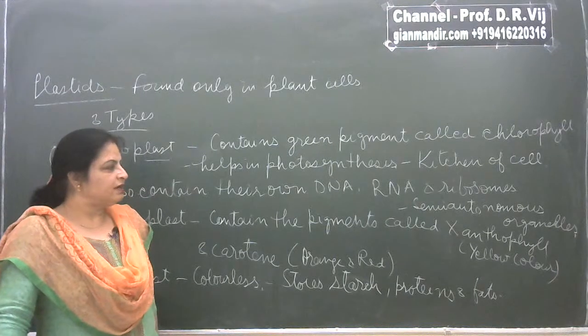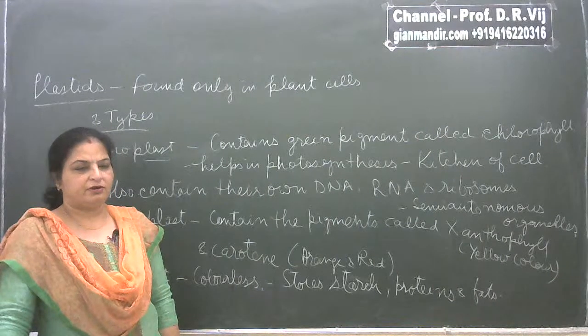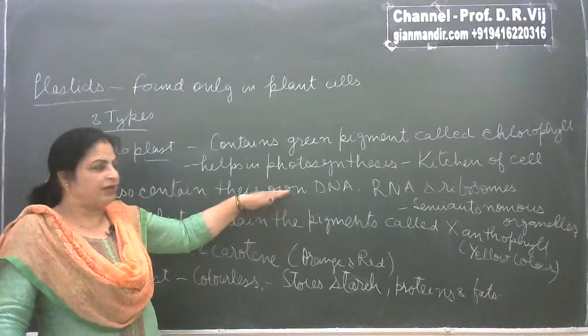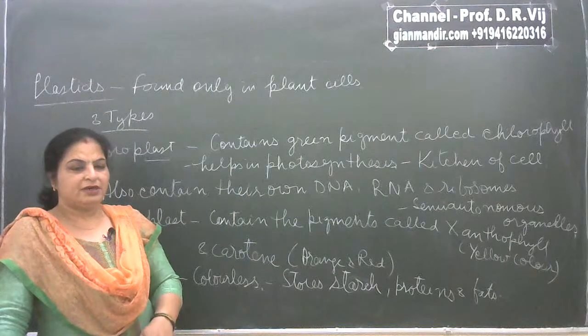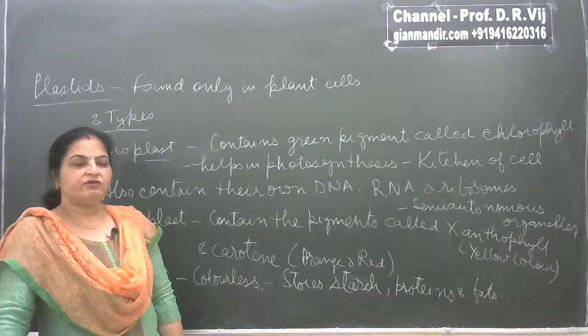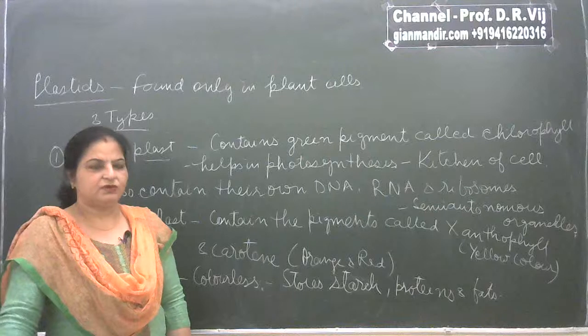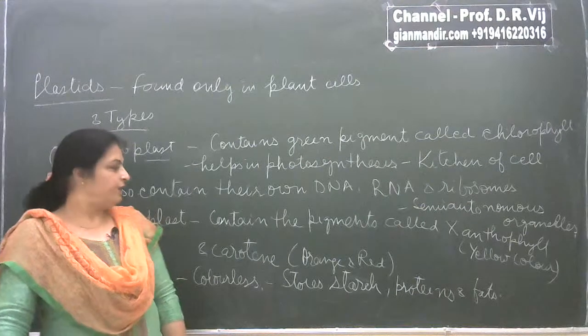And as it contains its own DNA, RNA and ribosomes, that's why it is known as a semi-autonomous cell organelle. And that same chlorophyll is also highly important for us because it not only synthesizes the food, but it is also responsible for absorbing carbon dioxide from the atmosphere and releasing oxygen into the atmosphere, right?